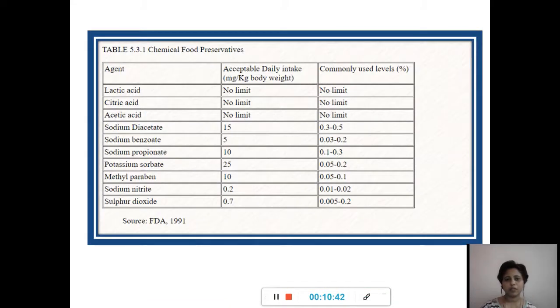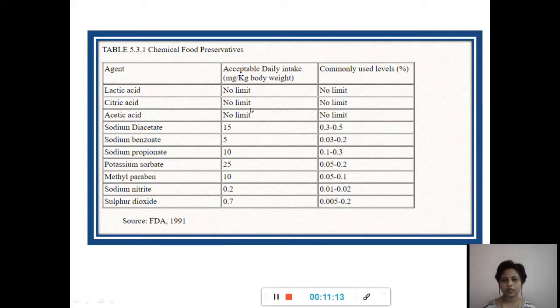There is a limit up to which the different chemical preservatives can be used, and it has been specified by the FDA. Coming to lactic acid, citric acid and acetic acid, as we know, these are natural methods. We do not have any limit for the acceptable daily intake of these, because there is no limit on how much you can take.